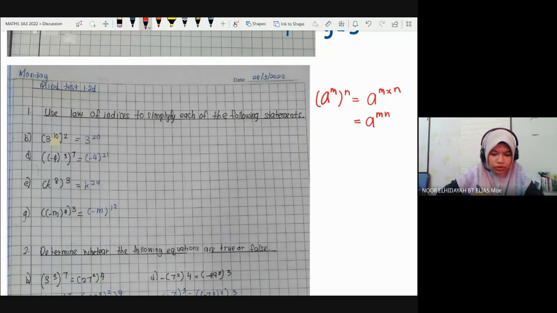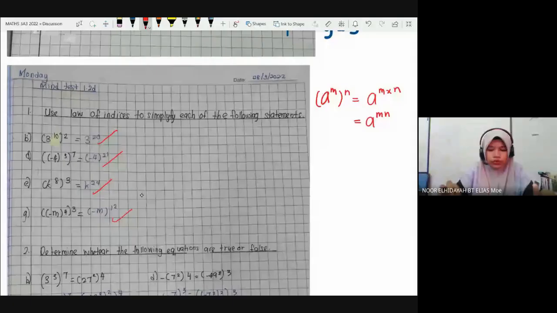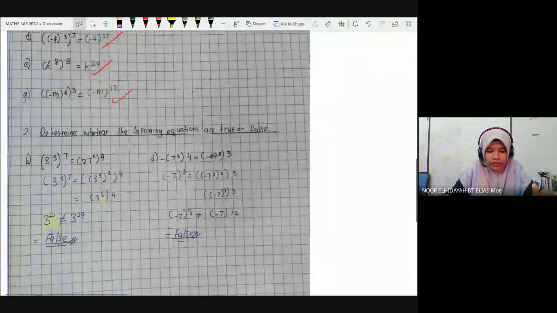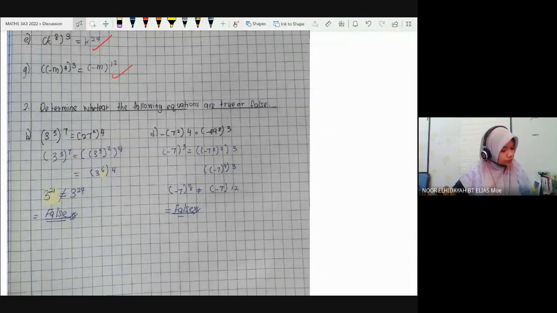So this one is 3 to the power of 20, negative 4 to the power of 21. Make sure if you have index form of the negative integer, you put in bracket. Okay, the second question.